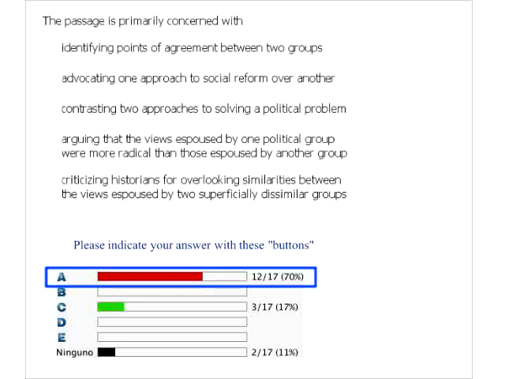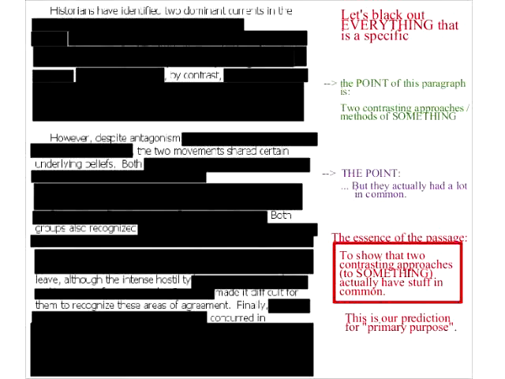The non-responses include me, so there's not a whole lot of those, but okay. Correct answer is A. The reason why it's not C is because the main point is not contrasting. What they do is they introduce that there are two contrasting approaches, but then they spend the bulk of the passage pointing out specific commonalities between these.